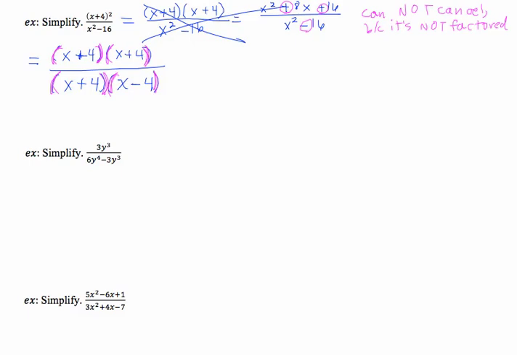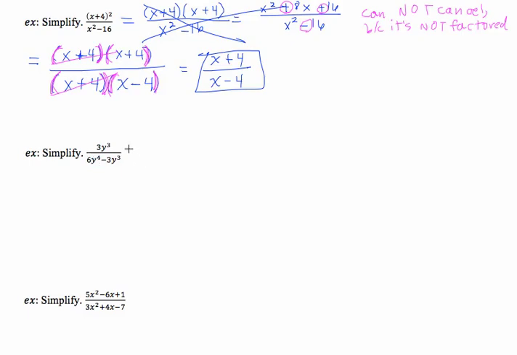In this case we have an x plus 4 in the numerator and an x plus 4 in the denominator, so those cancel. And then we're left with an x plus 4 in the numerator and an x minus 4 in the denominator. So there is that expression simplified because it had common factors in the numerator and the denominator, so we took those out. So we must factor first.